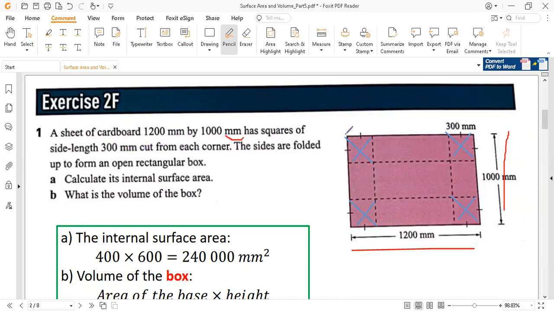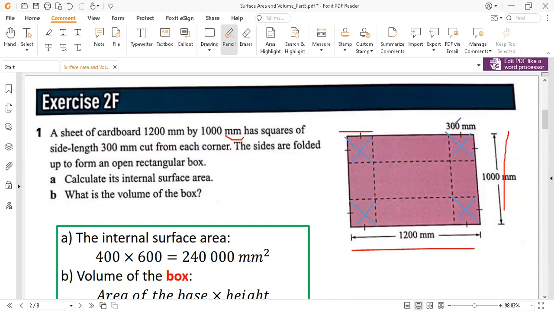So we have squares on each side. We cut off a square with the side length 300.